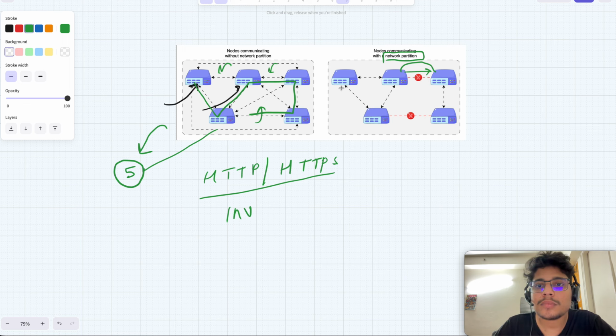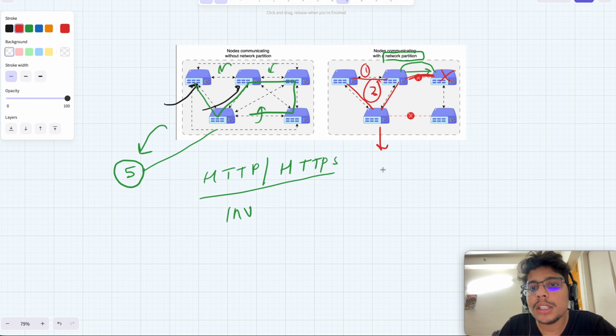Now, if you see, we have one server, and from here we do not have any connection, so it's crossed. We have another server, and here is a triangle where they are able to communicate, a circle of 3.